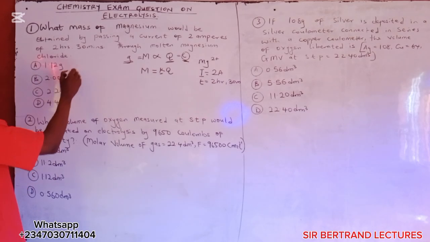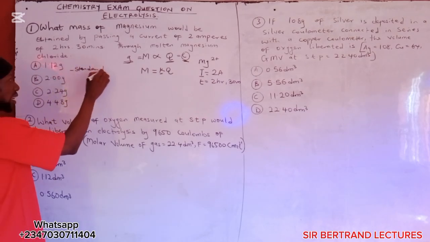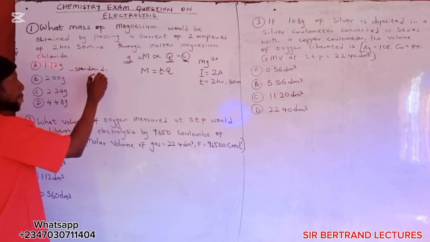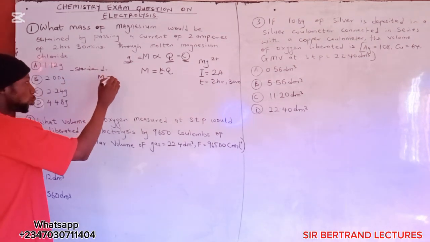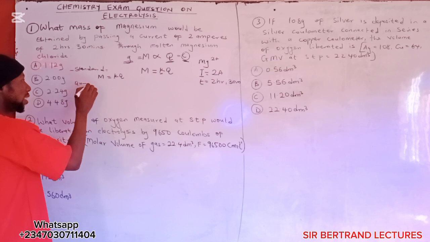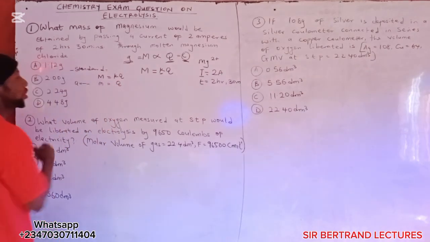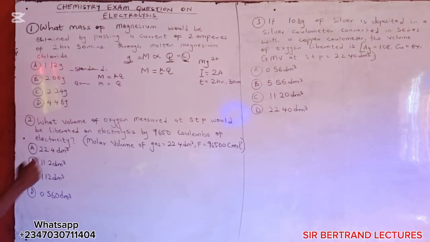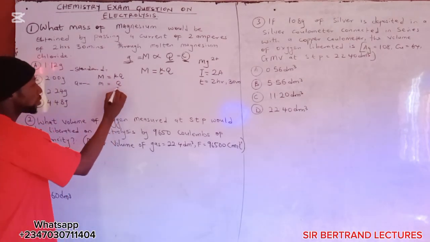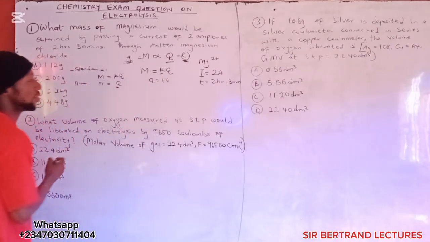Then, for the standard, mass equals KQ. Now we have the question: the mass is equal to that quantity of charge. Remember, the quantity of charge Q is equal to IT.